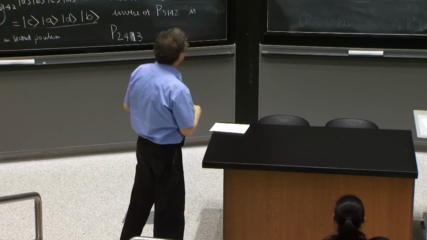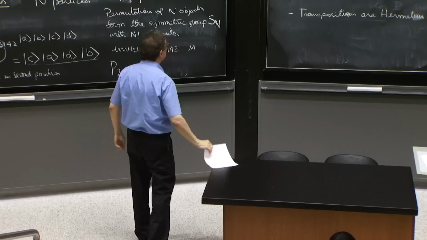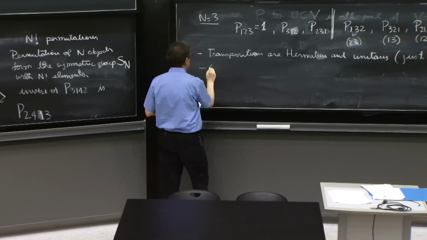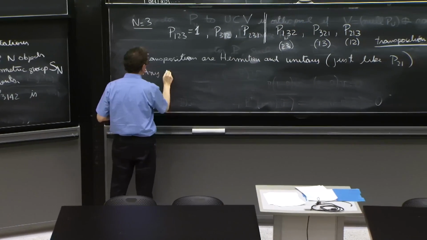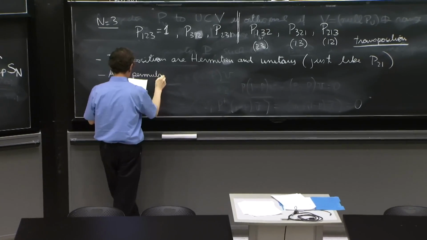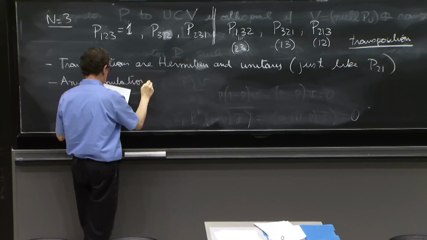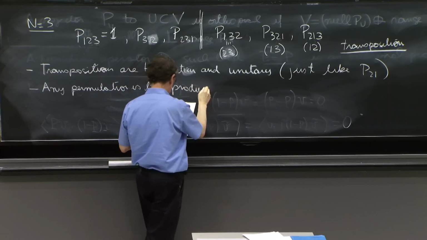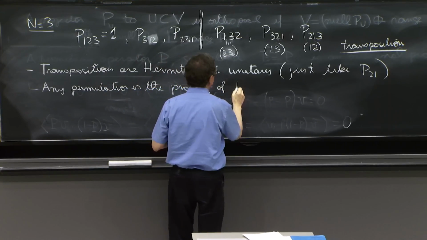So that means that with transpositions, you can reach every possible element. So any permutation, this is very important, is the product of transpositions.